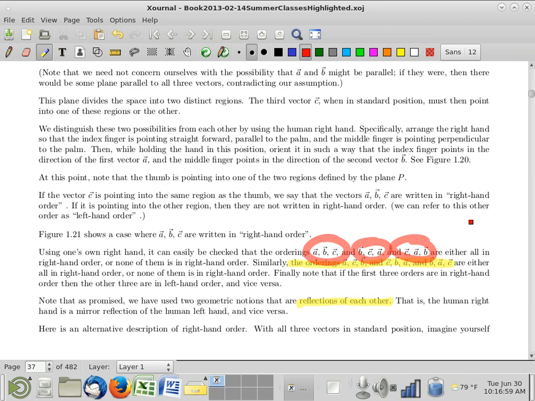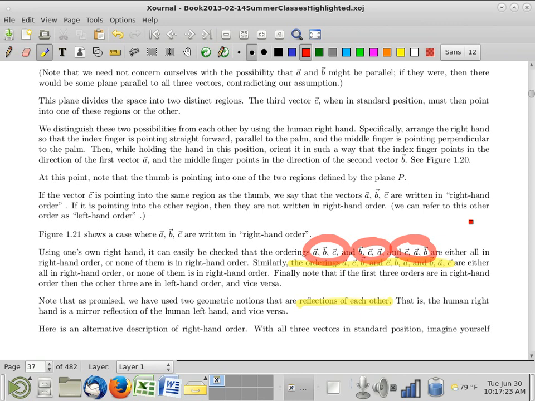But this is just so you have some geometric intuition for what's going on here. So I want to start with this possibility. So here's A, here's B, and here's C. All right? So A, B, C. Now you can see that as I have it set up here, A, B, C is a right-hand ordering, as evidenced by my right hand.